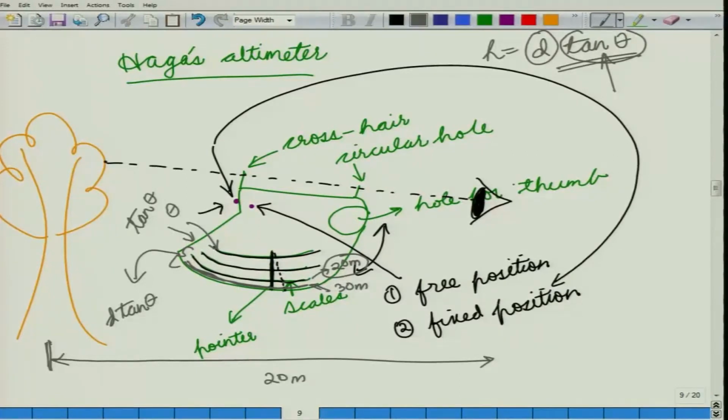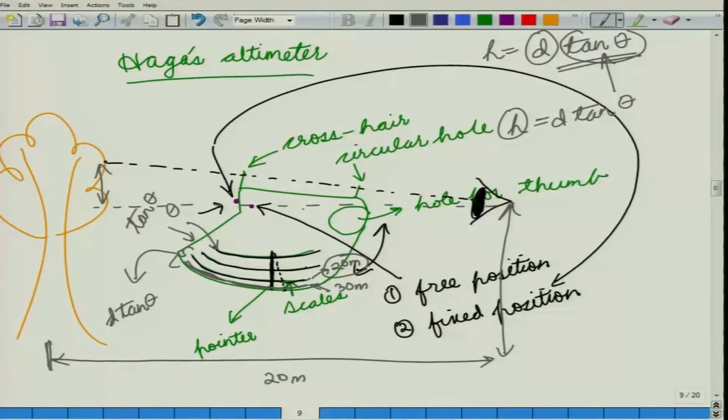Now, this height would be the height of the portion of the tree that is above your eye level, and you can add your height to it to get the height of the tree. So, basically what you are getting is d tan theta, but this h is this height.